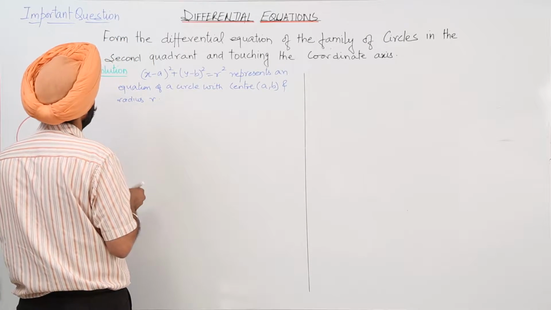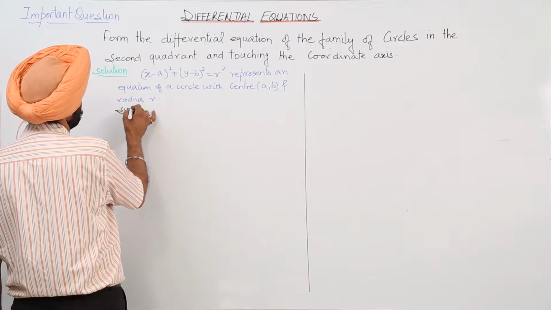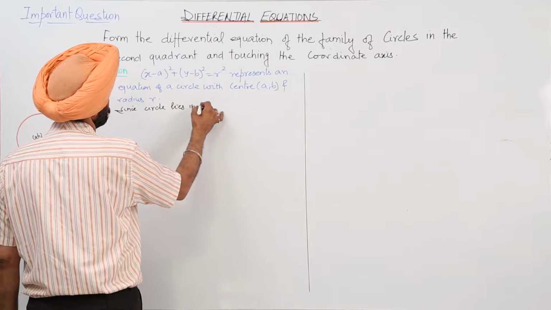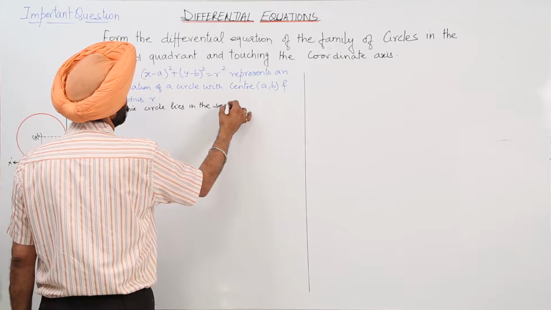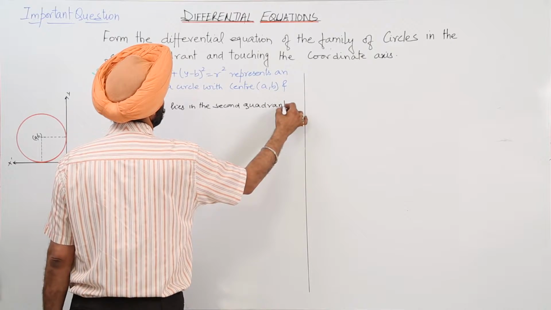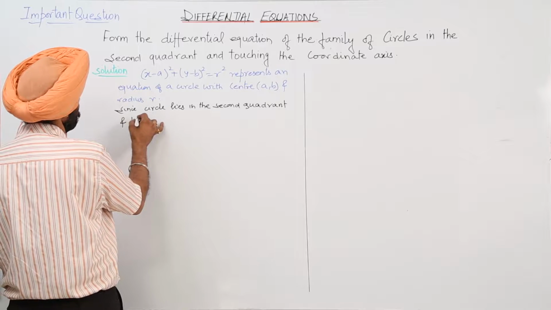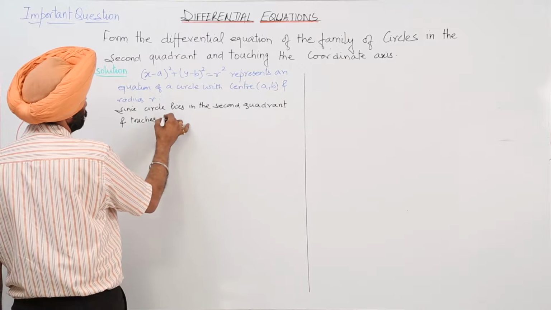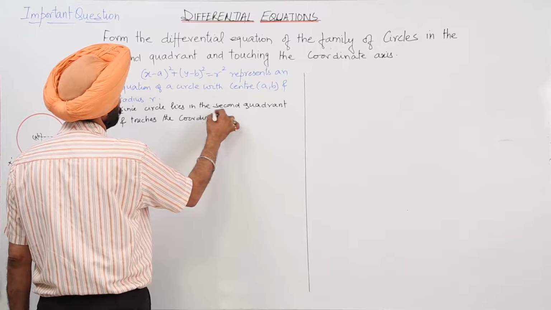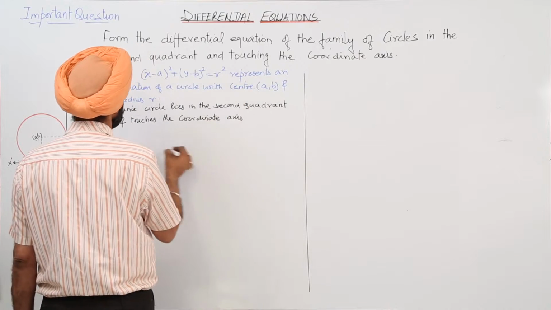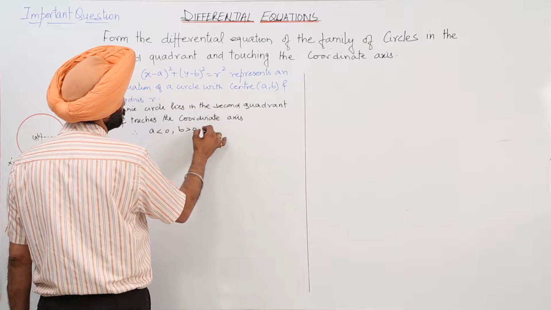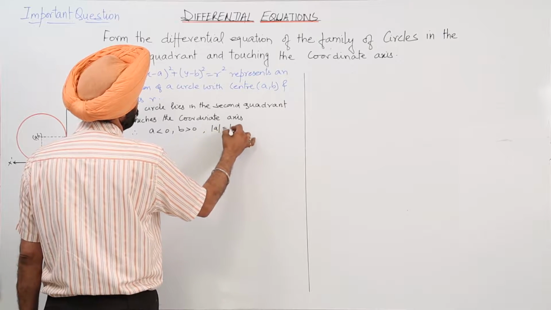Now, since the circle lies in the second quadrant and touches the coordinate axis, therefore a is less than 0, b is greater than 0, and b is equal to r.